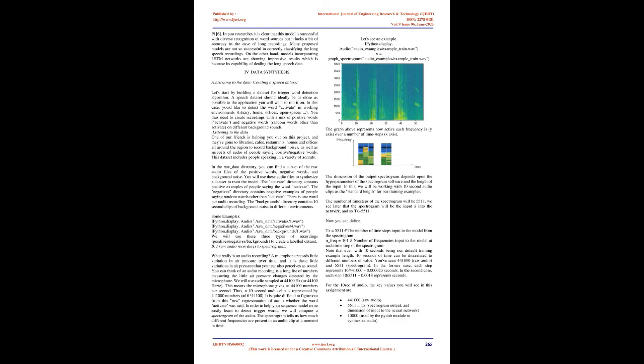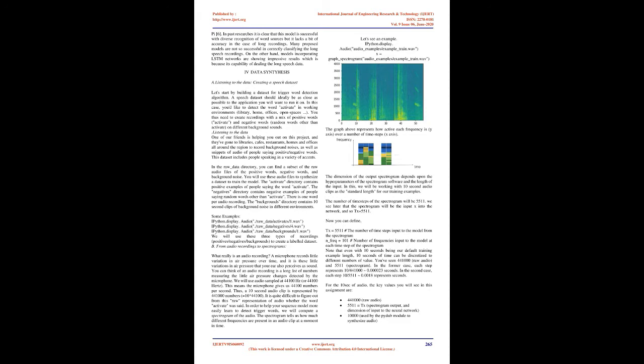It is quite difficult to figure out from this raw representation of audio whether the word activate was said. In order to help your sequence model more easily learn to detect trigger words, we will compute a spectrogram of the audio. The spectrogram tells us how much different frequencies are present in an audio clip at a moment in time. Let's see an example.